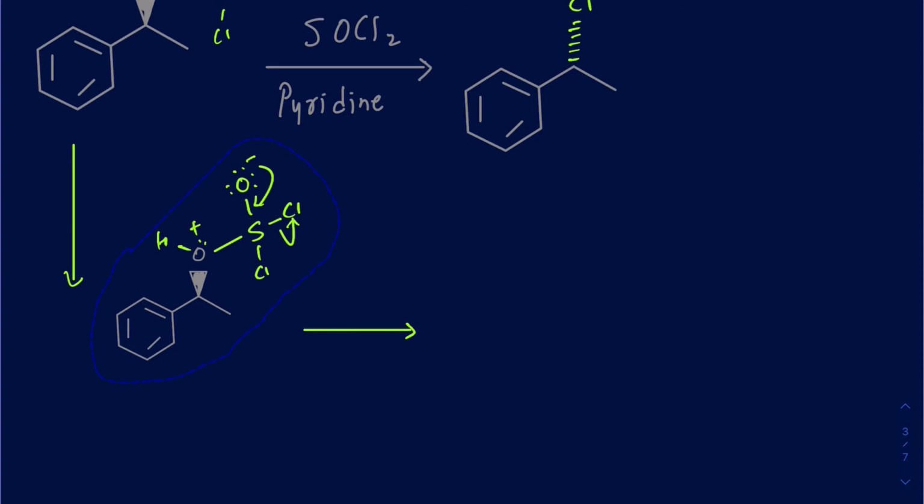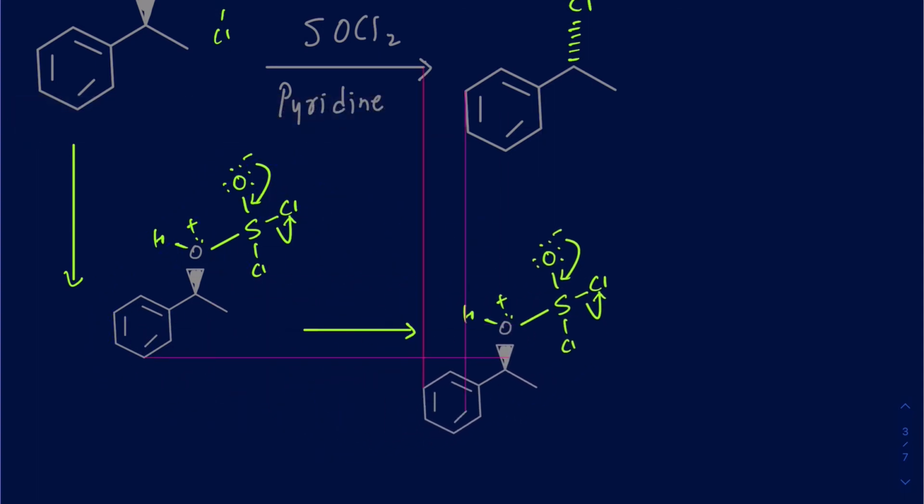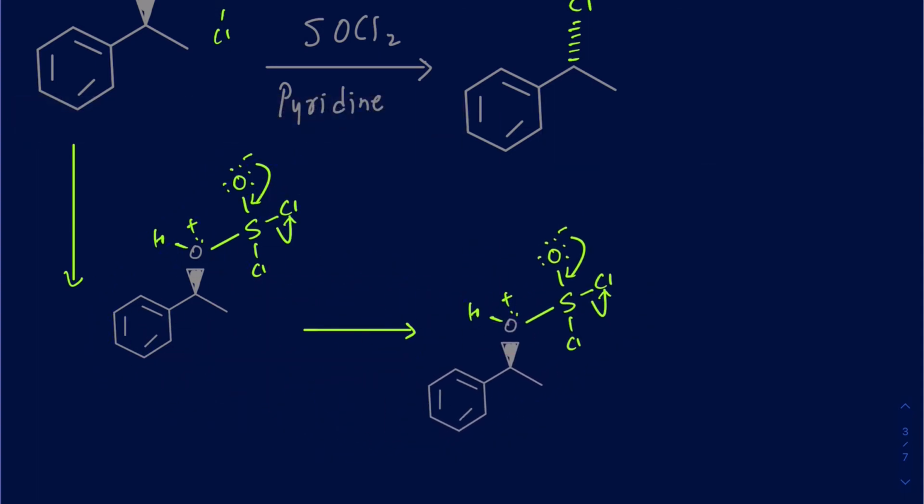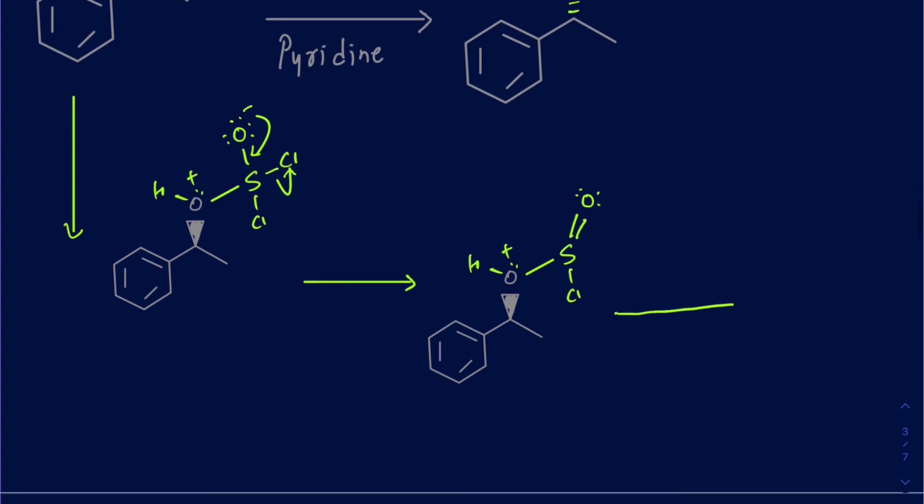And then I'm going to erase this part right there. Gonna have a double bond here. Let me erase this part as well and remake it. Okay, so then in the next step, I typically am going to be using the pyridine. So I can just go ahead and draw out how the pyridine looks like here.